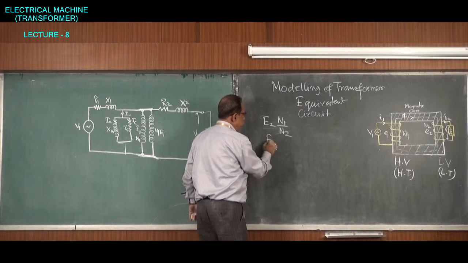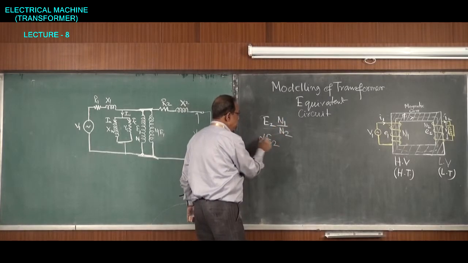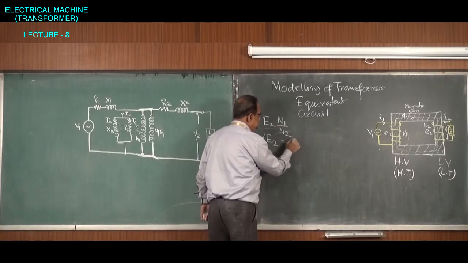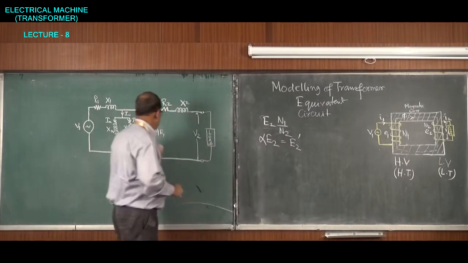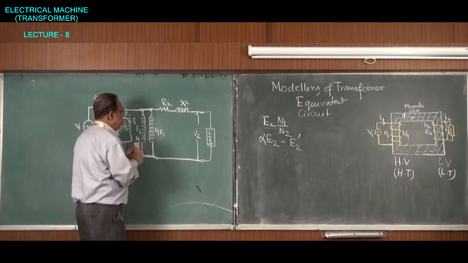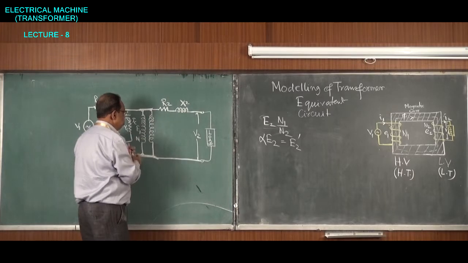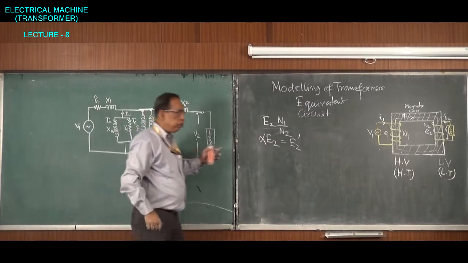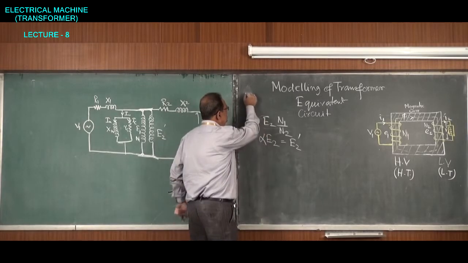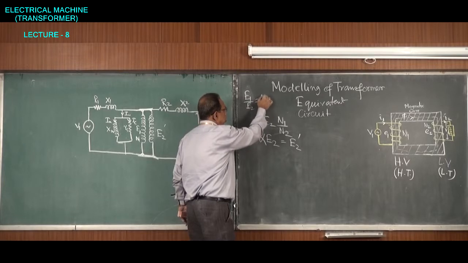N1 by N2 is alpha. This we will be calling E2 dash. That means the modified voltage here will now be E2 dash. But what is E2 dash? You know, E1 by E2 is equal to N1 by N2.